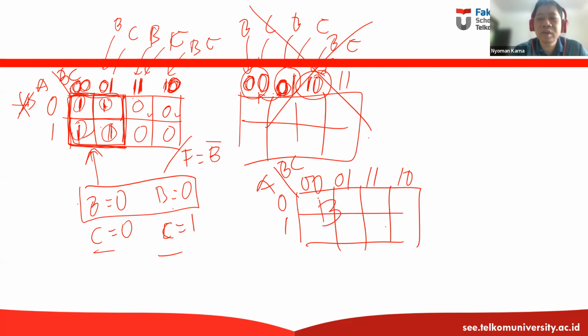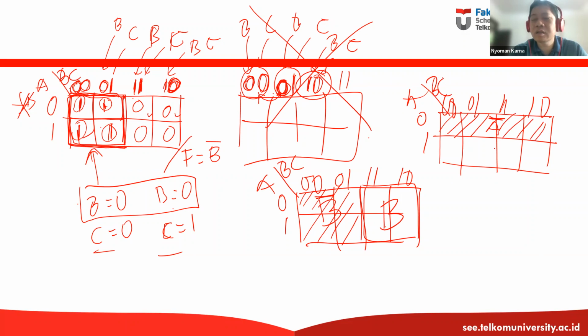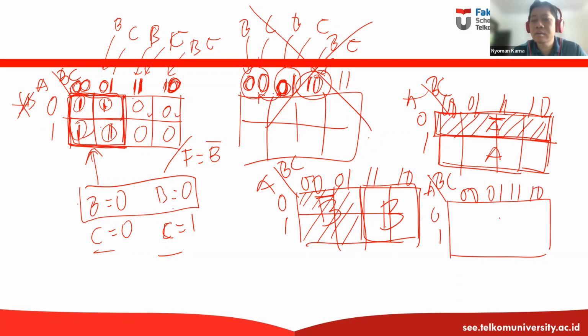So this is B not, and this is B. And then this are not A, and this is A. So all these 4 blocks are A not, and the bottom block is A. And how about C?